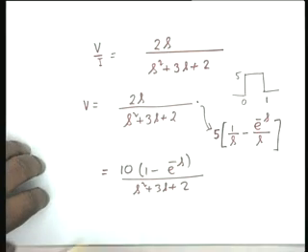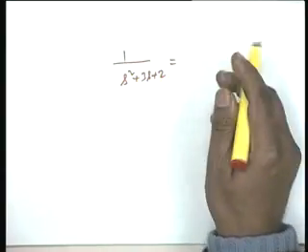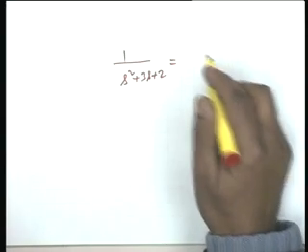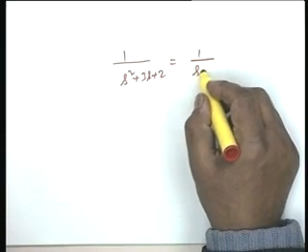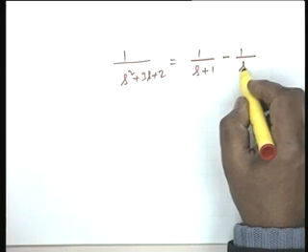Agreed? Is that okay? And inverse transform, with a little practice you should be able to write it down by inspection, because I know S squared plus 3S plus 2, I do not have to find the coefficients. I can write this directly as 1 by S plus 1 minus 1 by S plus 2.